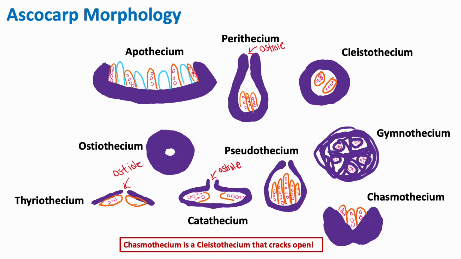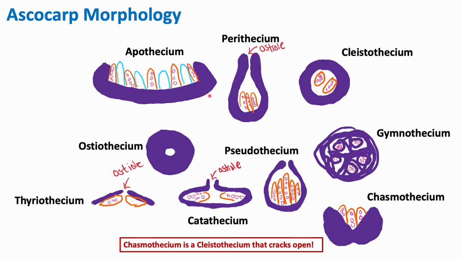And these ascocarps, or these fruiting bodies within phylum Ascomycota, will have different morphologies. Now here we have the main types of morphologies seen in the Ascomycota ascocarps. We start off with the apothecium. Now the apothecium is this open, kind of bowl-shaped structure in which this area shaded in purple is referred to as the stroma.